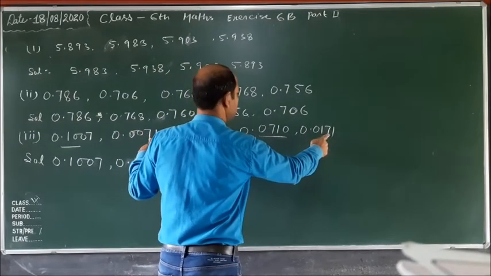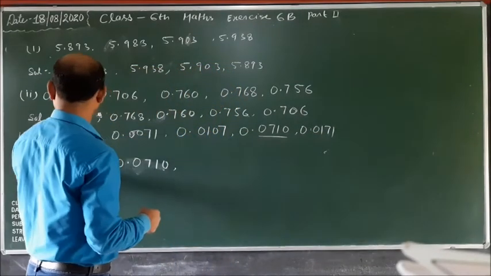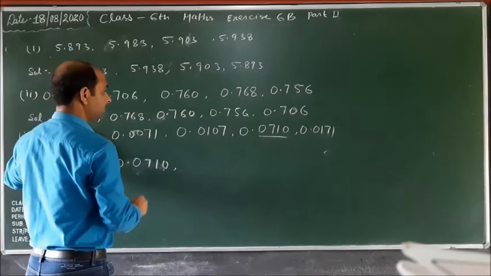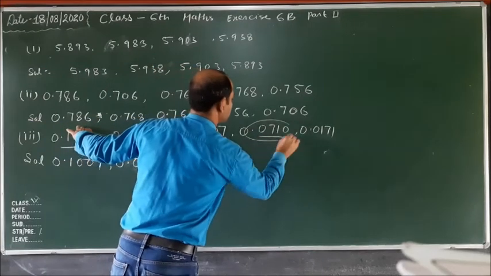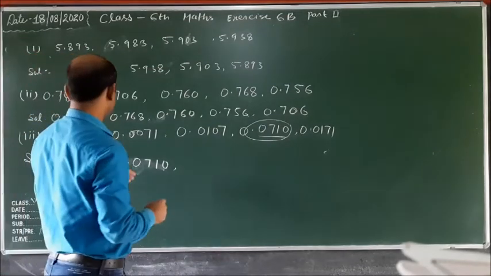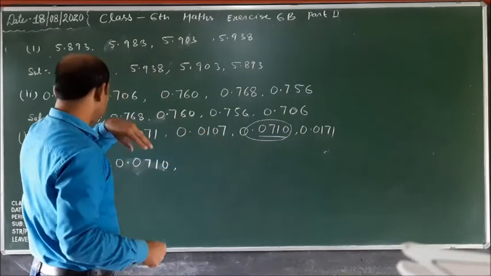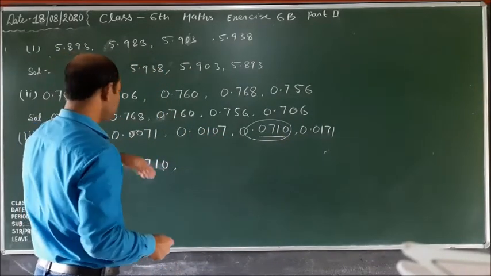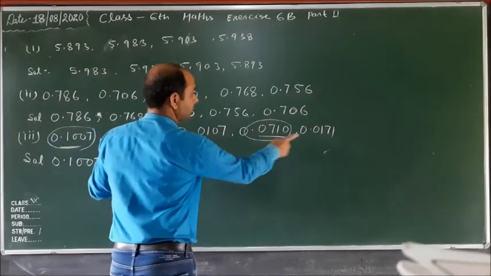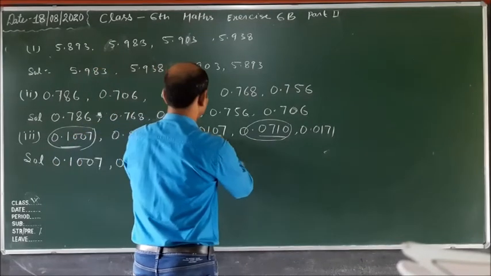So we write this number, and this number. Okay, how many numbers are remaining? 1, 2 and 3 numbers are remaining. Now first we choose which is the greatest. So here 0, 0, 0, 0, here 1 and here also 1.